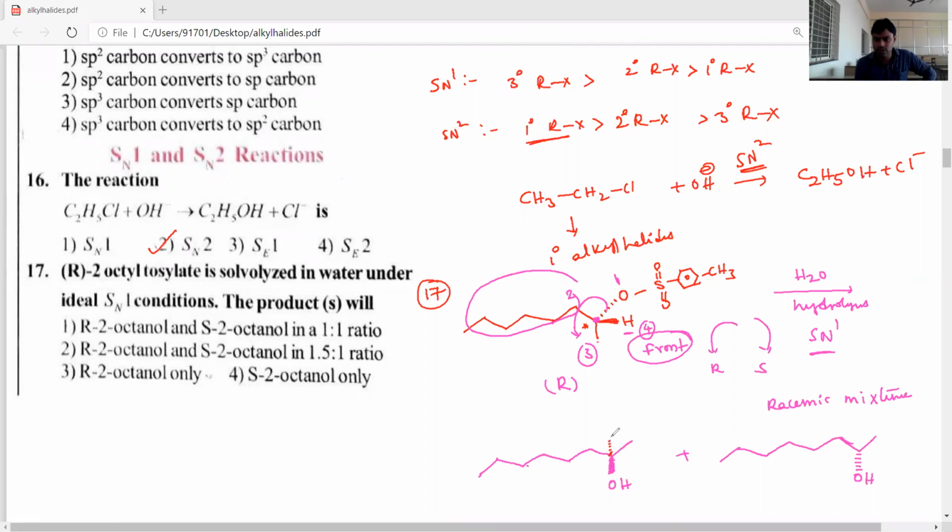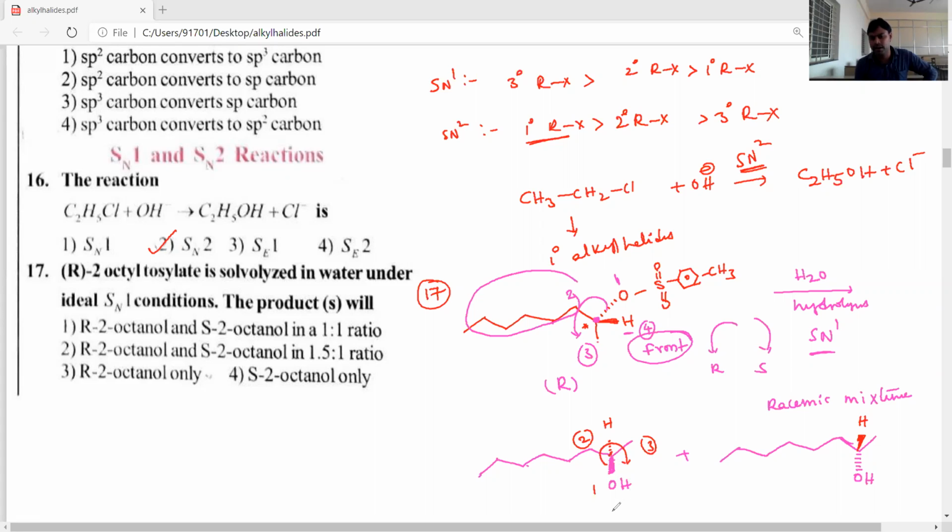Here OH group on front means hydrogen is on back side. Here the hydrogen is on front side. Let's see now. The OH group goes first, the remaining this is second, and this is third. Now it is in clockwise direction.